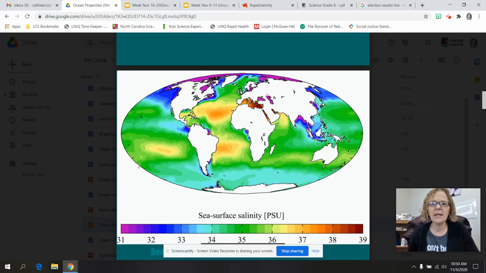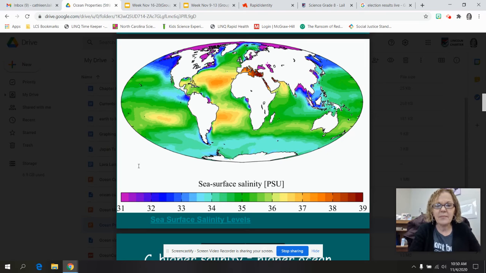All right, so I want you to take a look at this map just for a moment. And these are the surface waters. It's only the measurement of the surface water, and it's measuring the salinity level. Once we get deeper into the ocean, past what we call the surface zone, and we start to get into the transition zone of our seawater, the ocean, the salinity level is pretty constant.